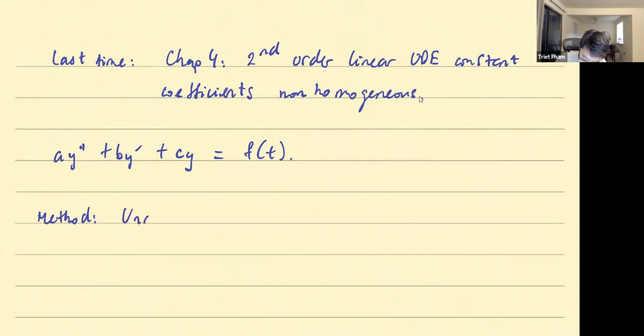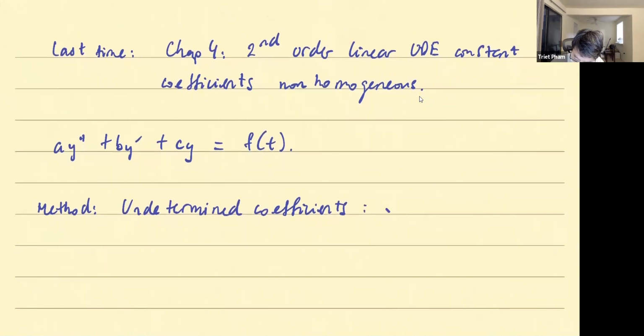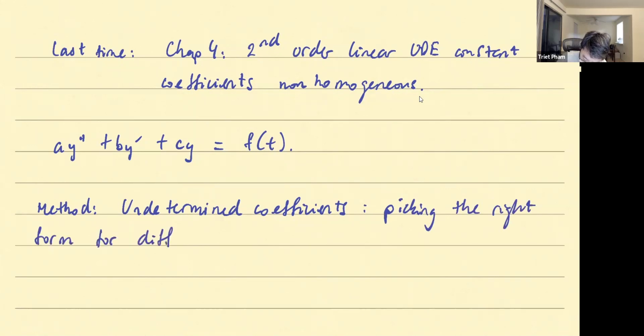Basically it's just guessing the right form for different kinds of f, picking the right form for different choices of f.